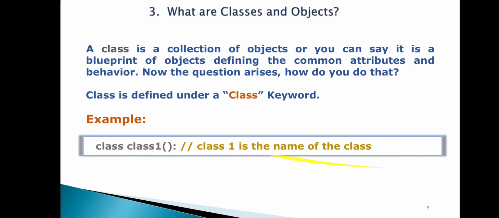Coming to the next topic, a class is nothing but a collection of objects, or it can also be called a template or blueprint to create objects.